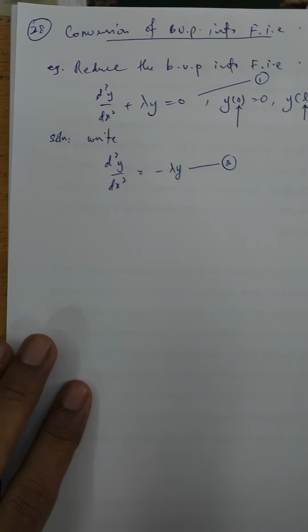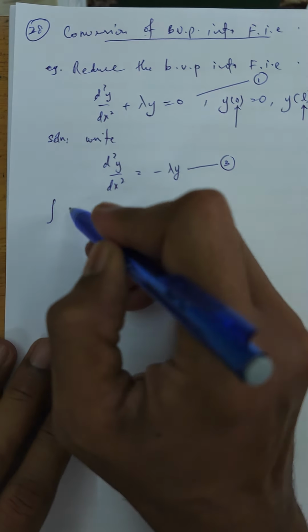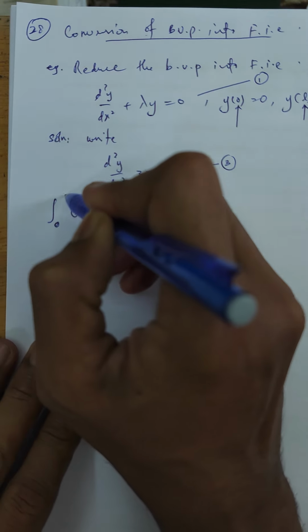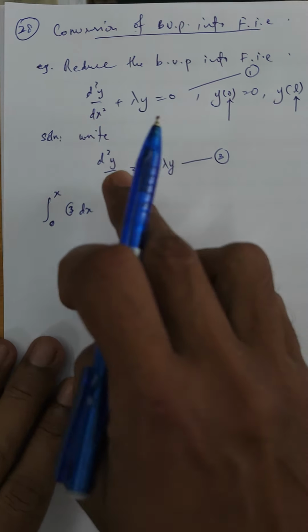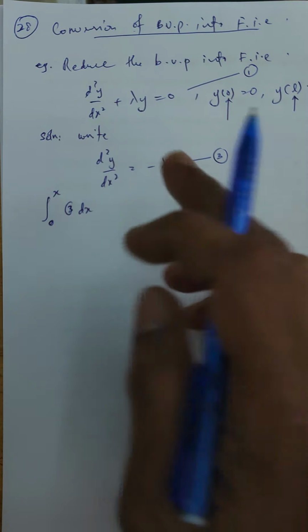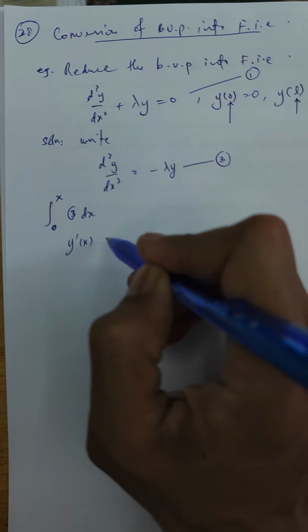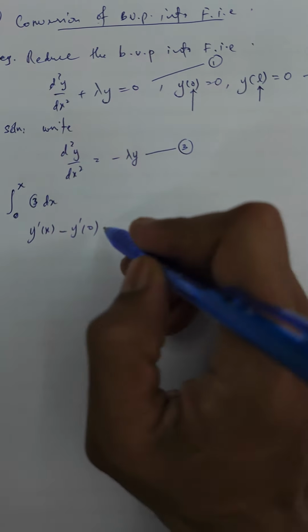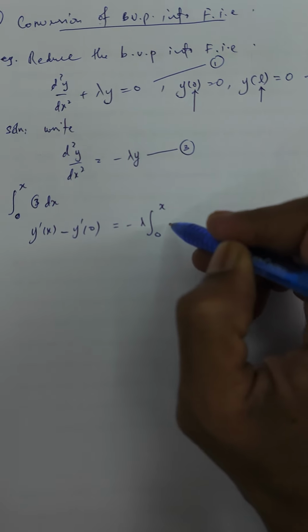Alright, so we integrate equation 3 with respect to x from 0 to x. This gives y'(x) minus y'(0) equal to negative lambda integral from 0 to x of y(x) dx.